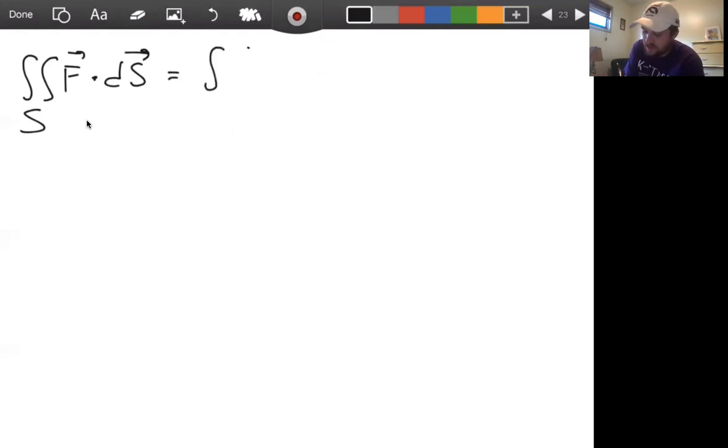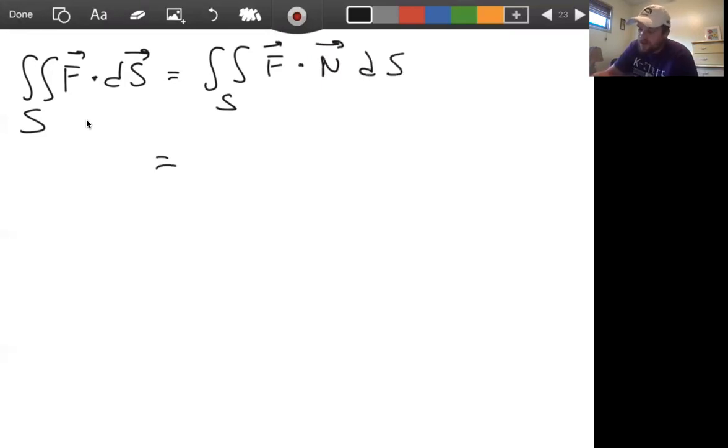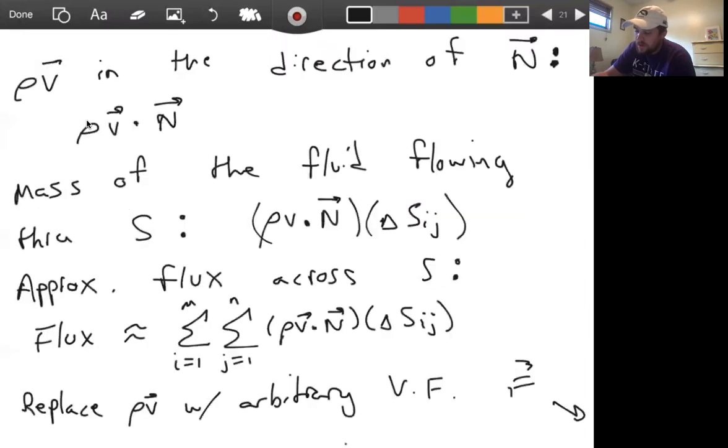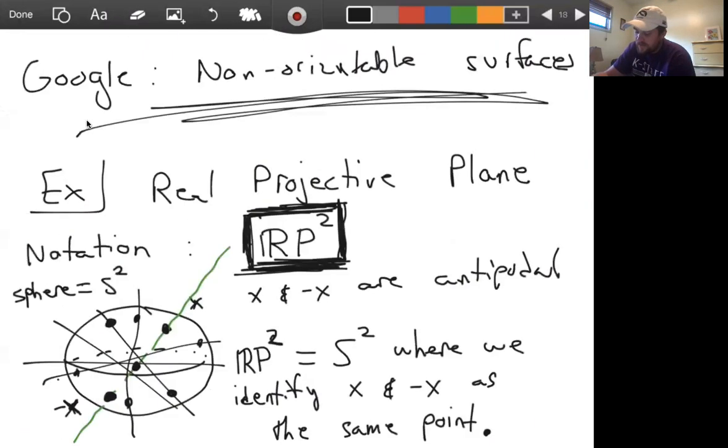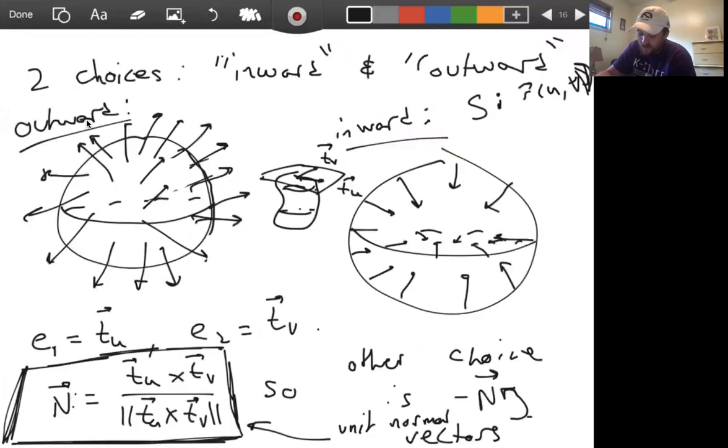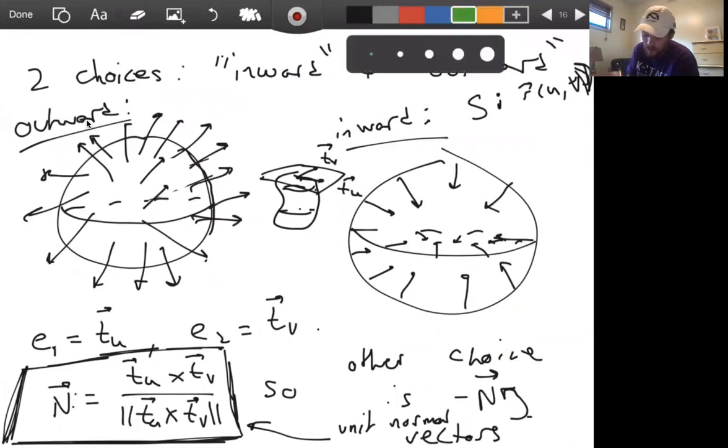So we have the vector surface integral of F dot dS is the scalar surface integral of F dot n dS, where, remember, I said we would come back to the unit normal vector field, which is also why the choice of orientation of our surface matters, right?